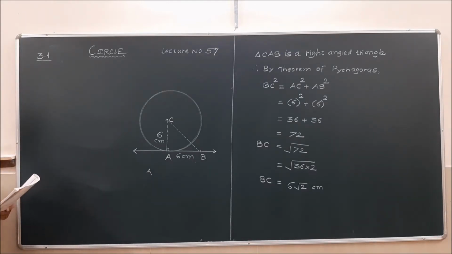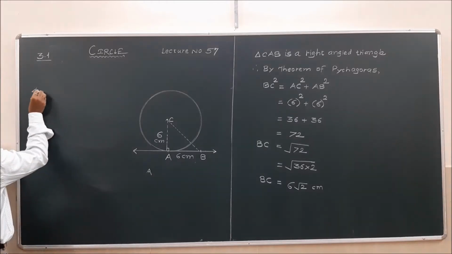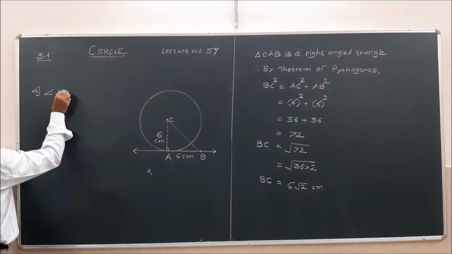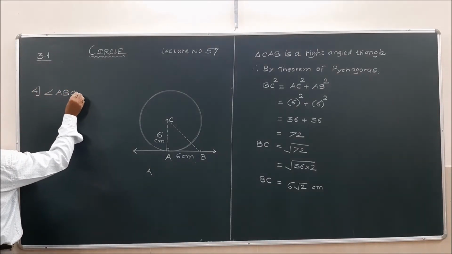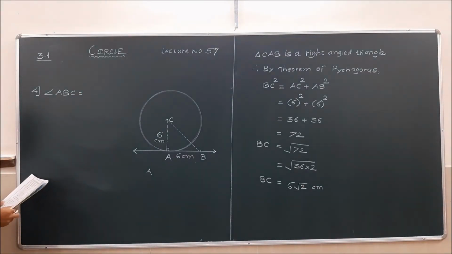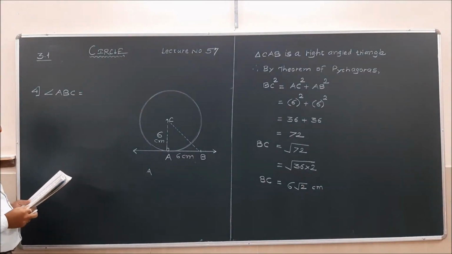What is the measure of angle ABC? Angle ABC is equal to how much? In the adjoining figure, the radius of the circle is 6 centimeter. Answer the following.